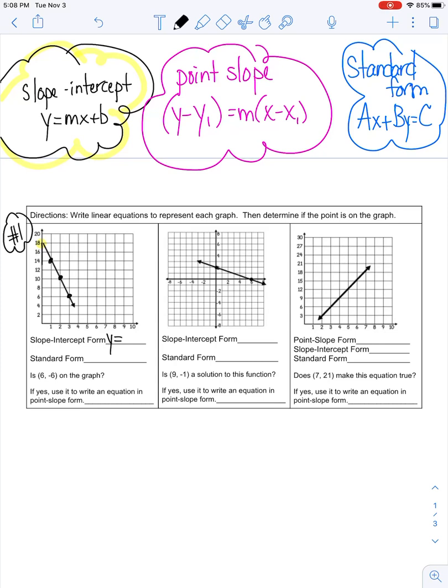So my rise is 2, 4, and my run is 1, and I go down. So negative 4 over 1 simplifies to negative 4. So y equals negative 4x, and earlier we identified our y-intercept at plus 18. So that's a good starting point.